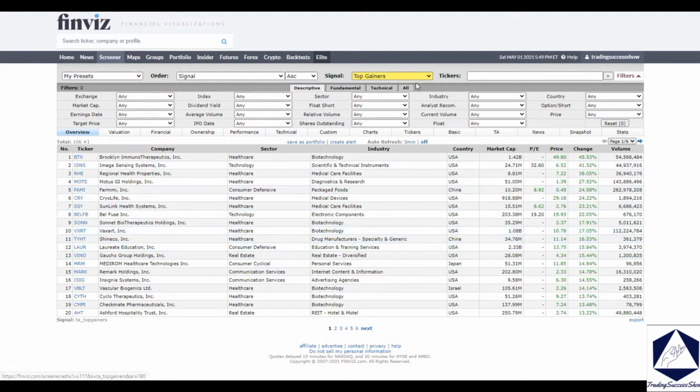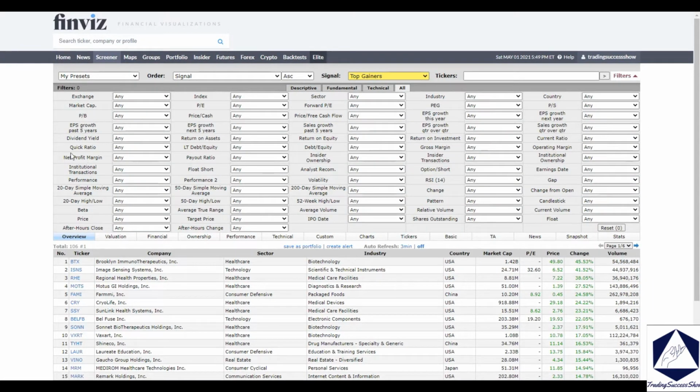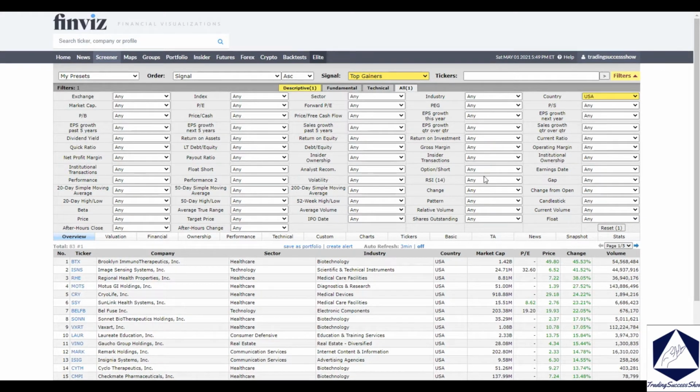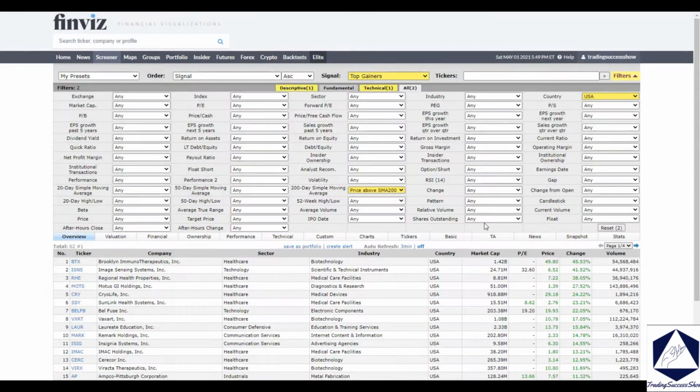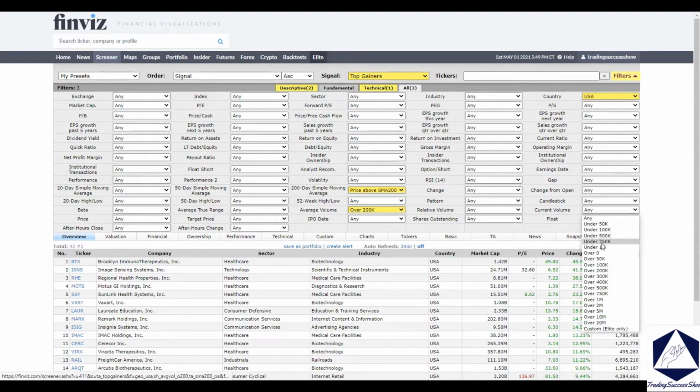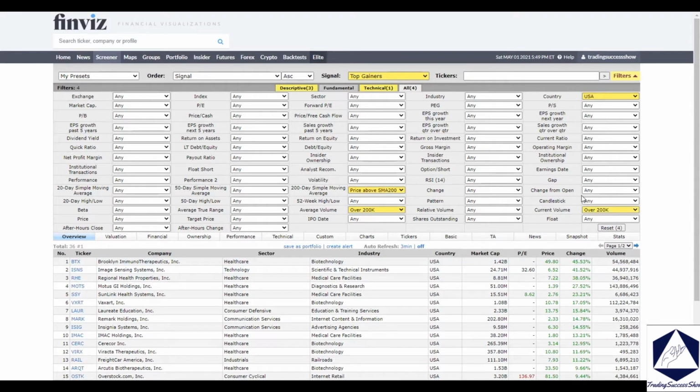Now what I will be looking for here is US stocks, USA, and the price above the 200 moving average. On the volume side, average volume I want over 200,000 and the current volume over 200,000.